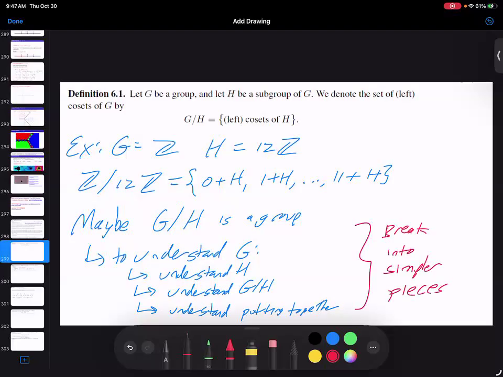The natural question is which subgroups H are good choices for something like this, where we can break things down and G mod H is going to be a group. That's something you could try to explore right now: take some groups, take some subgroups, look at the set of cosets and see if you get a group.